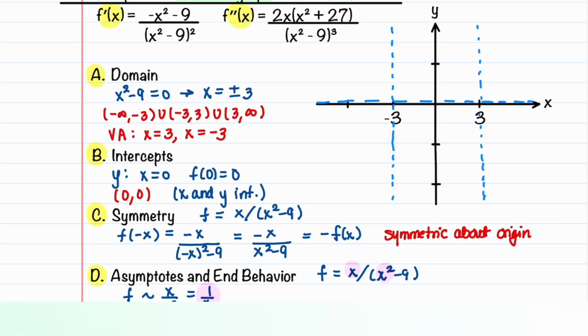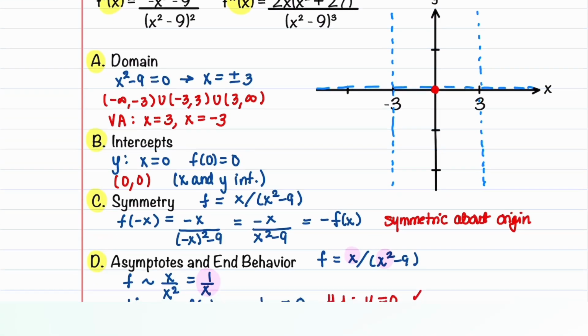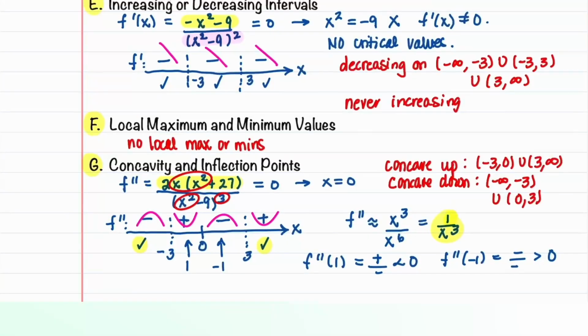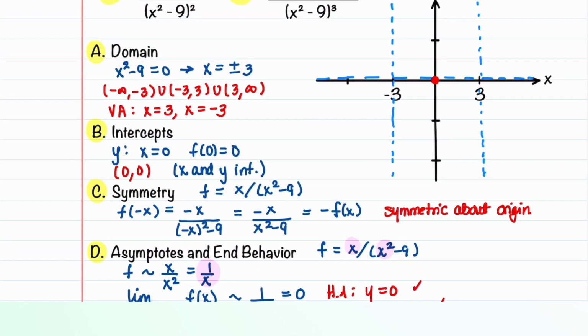Now let's go ahead and let's put in our points. We have an intercept at 0, 0. And do we have any other points? We do not. Now let's look at increasing and decreasing. It is always decreasing. So let's just draw a light pink line like this.